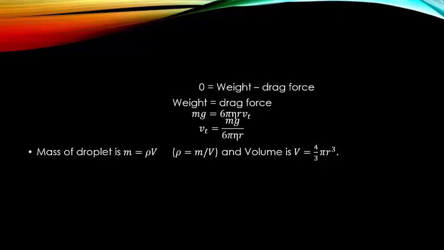The mass of droplet is m is equal to ρV, where m represents the mass, ρ represents the mass density, and V represents the volume. We all know density is equal to mass over volume, so we rearrange and get the value of mass, which is equal to ρV.